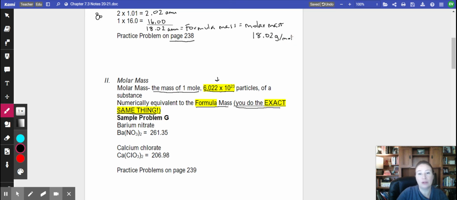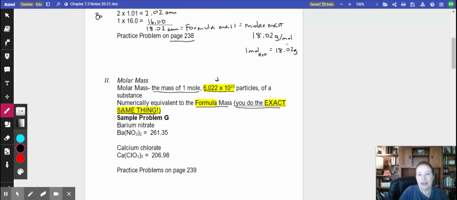So another way of writing this fraction is 1 mole of water, H2O, equals 18.02 grams. So if I want to use a mole of water in my lab, I can just measure out 18.02 grams on my balance, and then I know I have a mole of water.